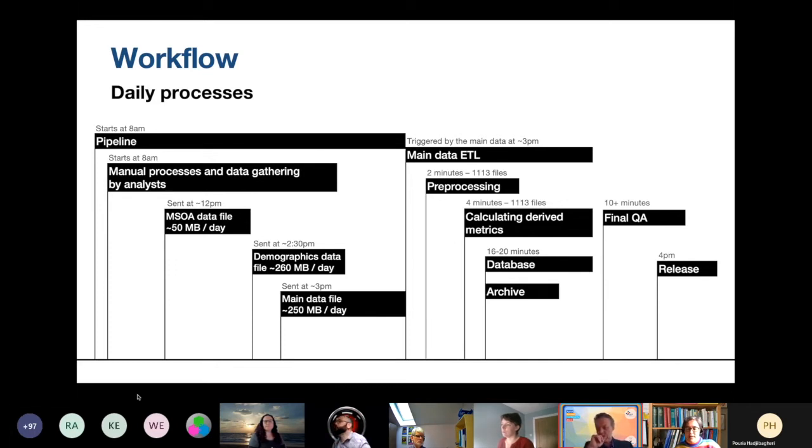We now have a little bit more time for QA than it shows on here, because these processes have been optimized, and we probably have about 20 minutes for final QA now, if everything goes well.